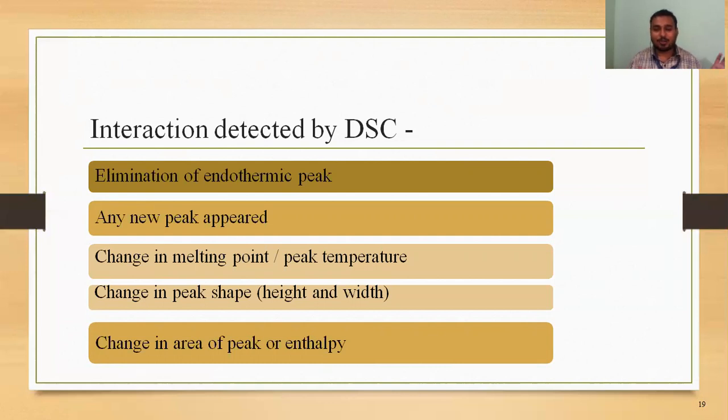Like paracetamol, we have already noted at which temperature the endothermic peak will come. If we mix two ingredients, one excipient and one API, in the same proportion, that is 1:1, and go for the DSC study, if the endothermic peak of each compound is not in the proper position that is already validated, that means we can conclude that some interaction may occur. Okay, so these are the main 5 points we can conclude after detection by DSC.